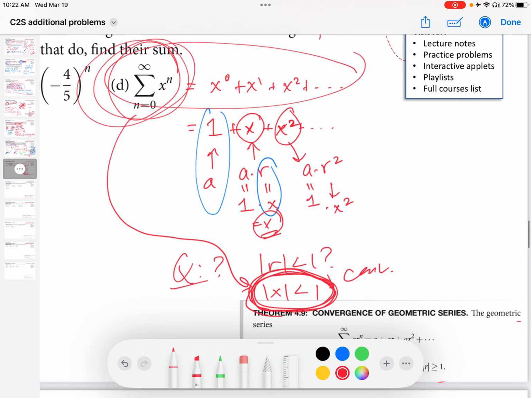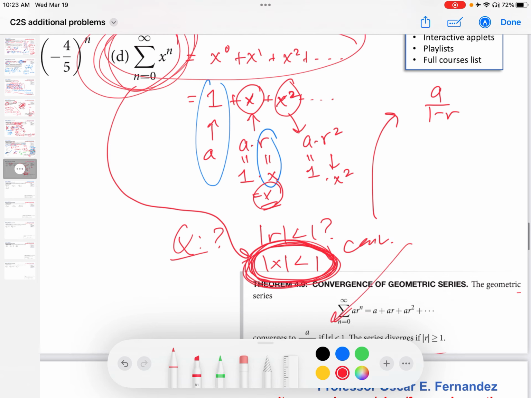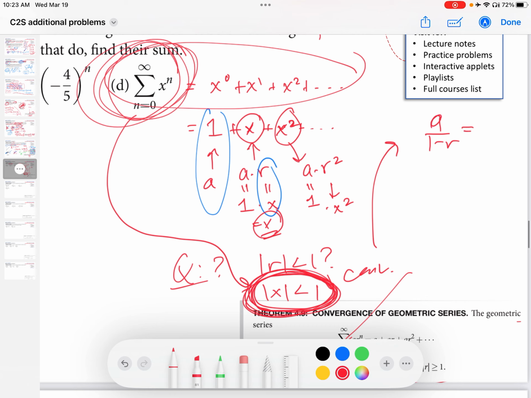So now we have this result that tells us when this geometric series converges. And what does it converge to, assuming, again, that absolute value of x is less than 1? Well, it converges to a over 1 minus r, as the geometric series always do, right? That's the theorem down here. And I found my a value. A is 1, and r is x.